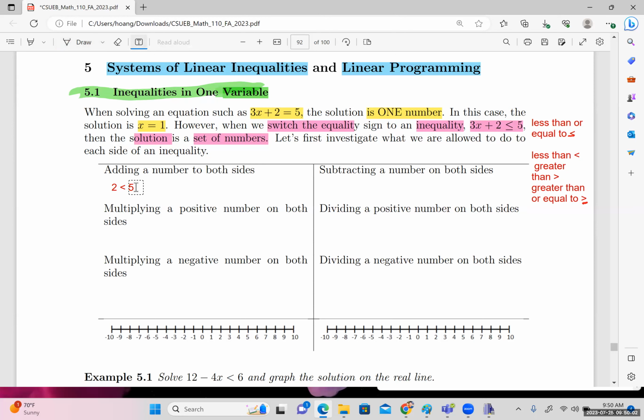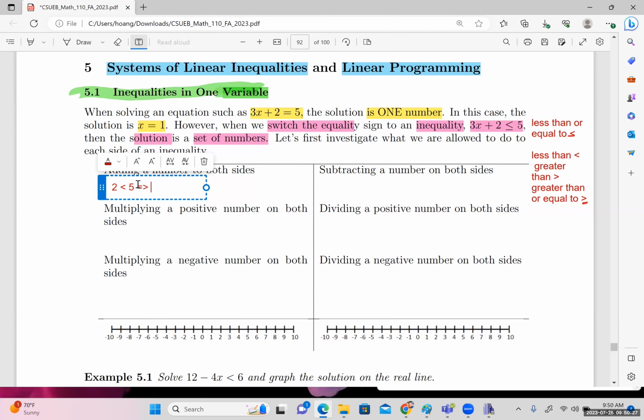Everyone knows that 2 is less than 5, right? If you add a number to both sides, you will not change the direction of the inequality.